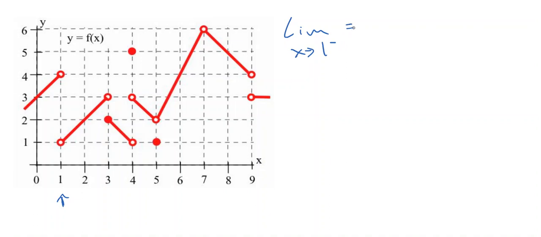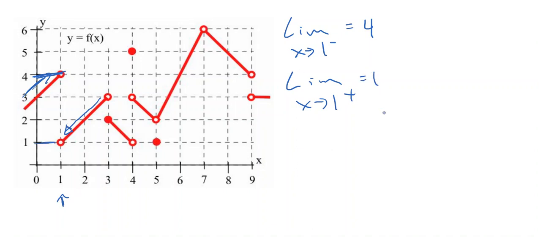Well, as we approach 1 from the left, we come along here, come along this piece of the line, and the y value that it's approaching is 4. But the limit as x approaches 1 from the right, okay, so we're approaching 1 from the right, we would come along this line, we're coming down this way, we're getting closer and closer to 1.